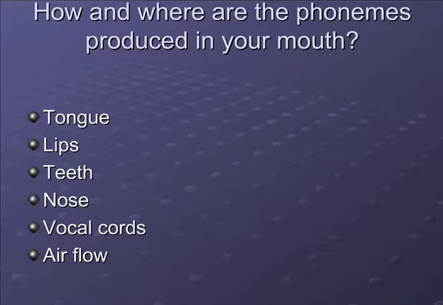Consider, for example, when you say b, what do you use then? B. You're using airflow, you're using your lips, but you're not using your tongue or your teeth. What about your vocal cords? Are you using those? If you put your fingers on your throat just below what is called your Adam's apple, then when you say b, the vocal cords vibrate.